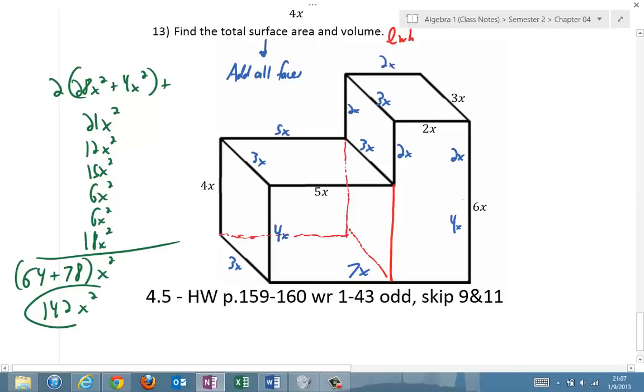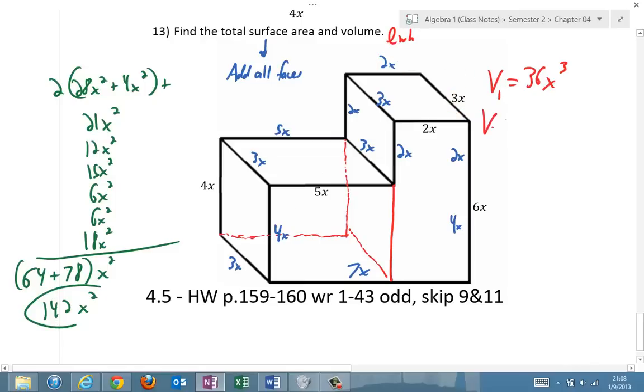Because for the piece on the right, I can say that the length is 3x, the width is 2x, and the height is 6x. So my first volume, we'll call that volume 1, is 6 times 3, 18, times 2 is 36, and then x times x times x is x to the 3rd power. My second volume comes from the one on the left.